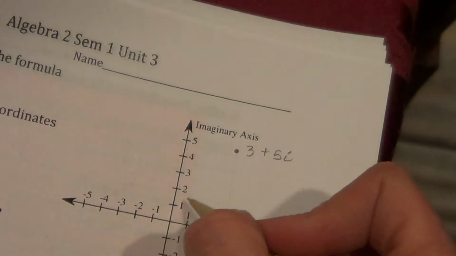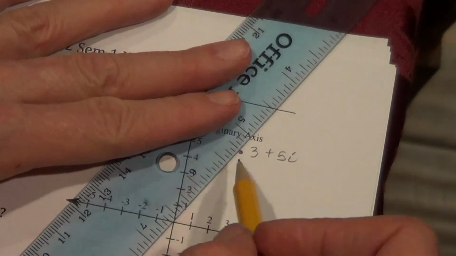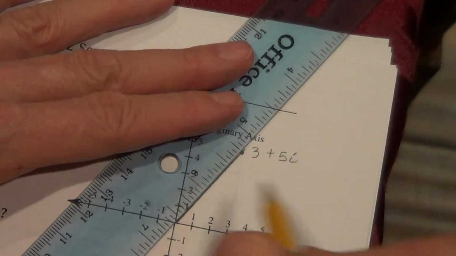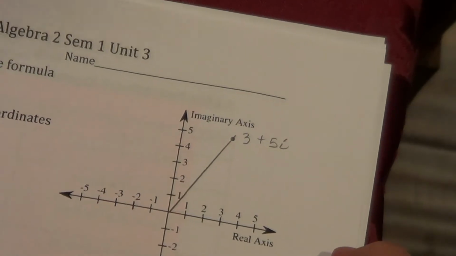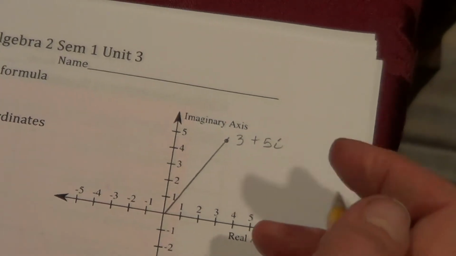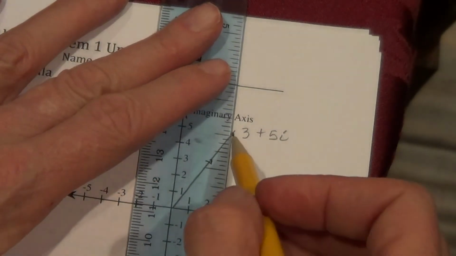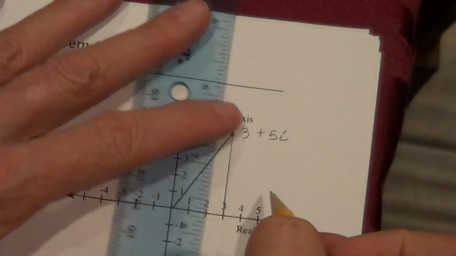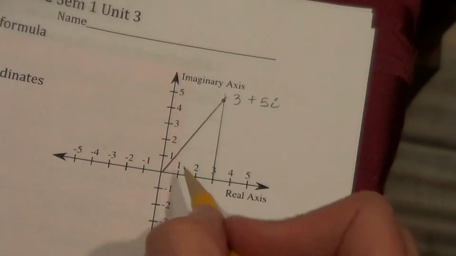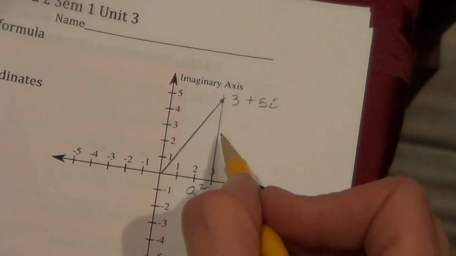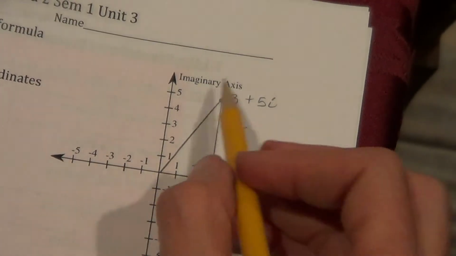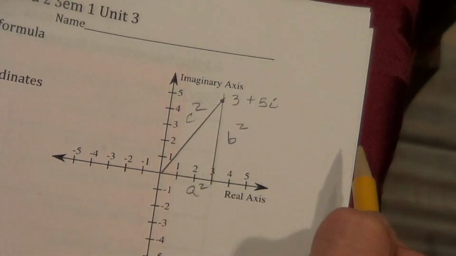Now the distance from the origin is that far. We just need to have a number for that. If you remember from geometry, the Pythagorean theorem, we can find that distance by taking this side squared, adding it to that side squared, and we would have that side squared.